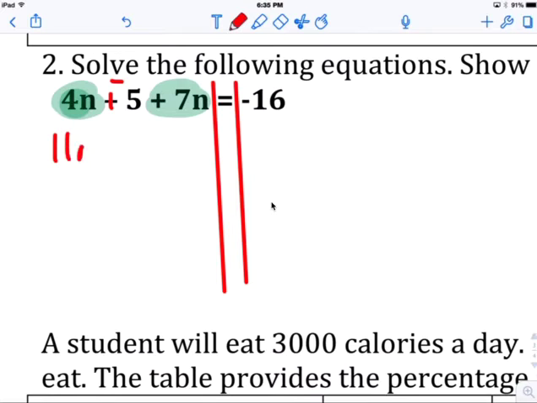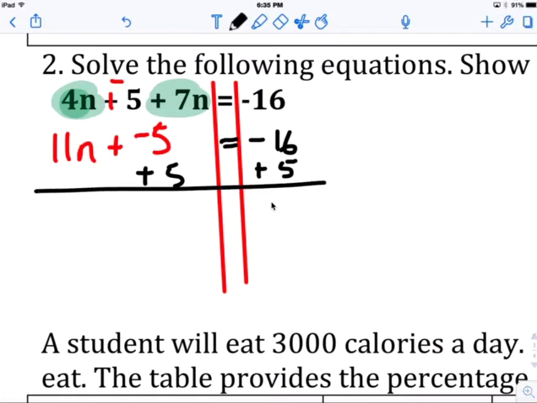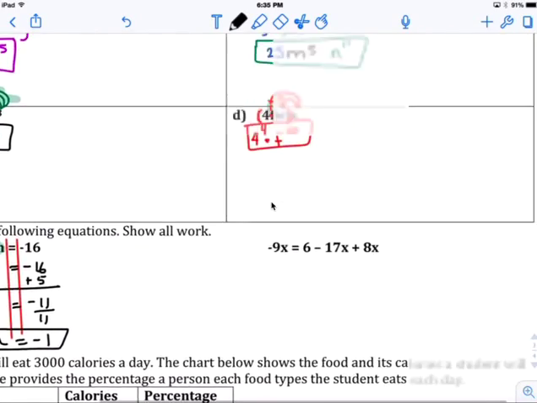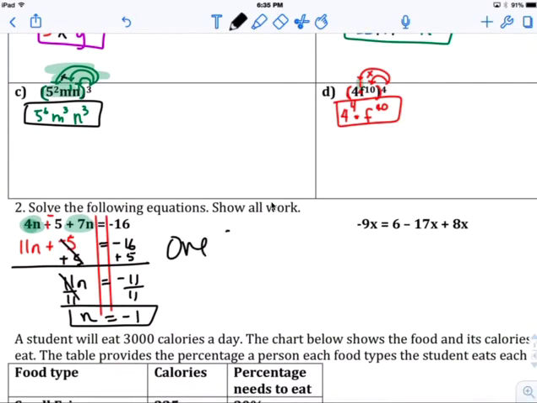That's 11n plus a negative 5, and that equals this negative 16. Add the 5, add the 5. 11n equals negative 11, divide by 11. N equals negative 1. One solution, right? This is called one solution.